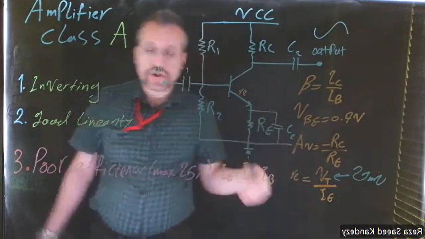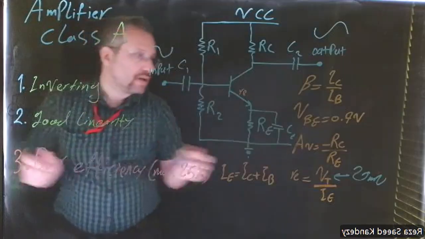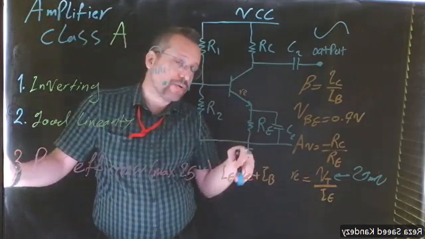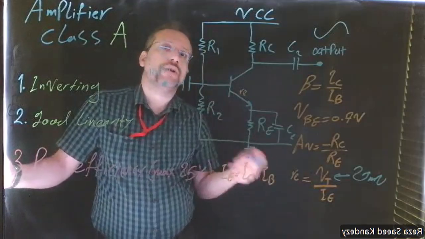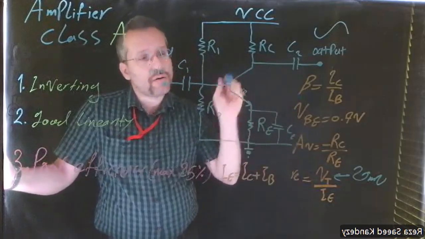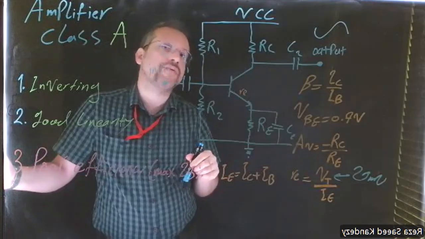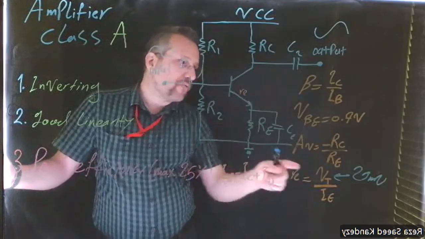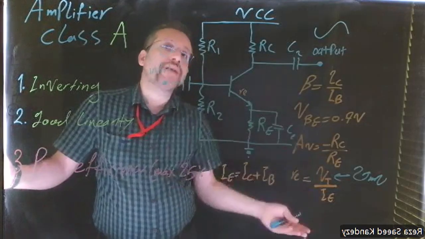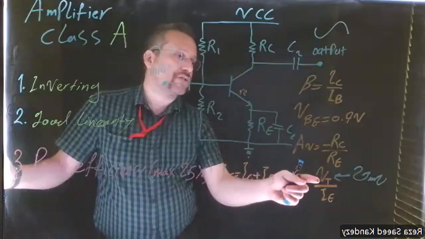Each model of BJT could have a different VT, and even among several BJTs of the same model, we still have variation in thermal voltage, so it's uncertain.